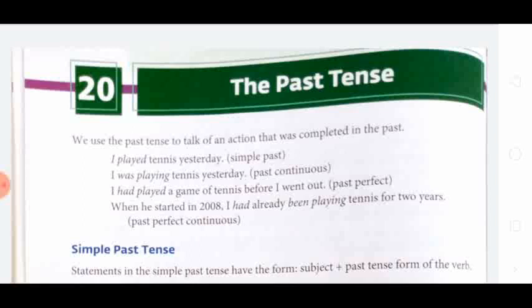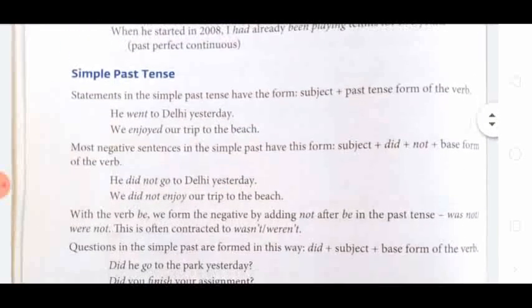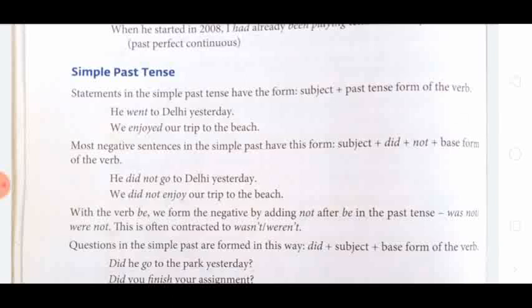Past perfect, had played. When he started in 2008, he had already been playing tennis for 2 years. He had already been playing tennis. Past perfect continuous tense.